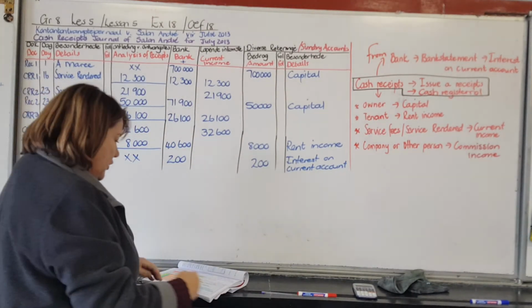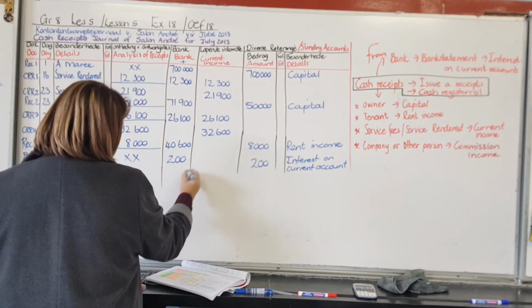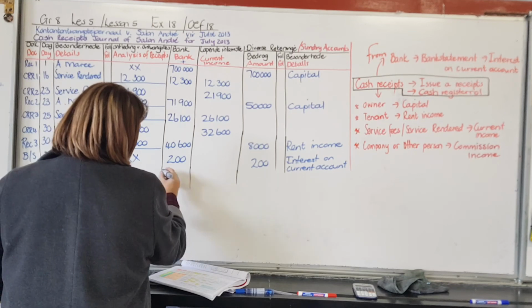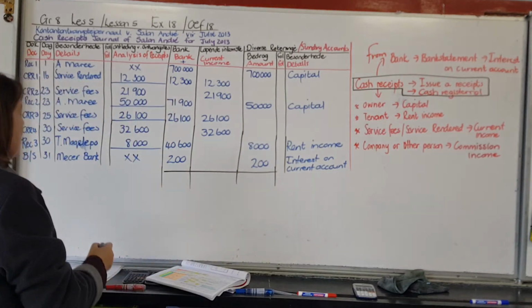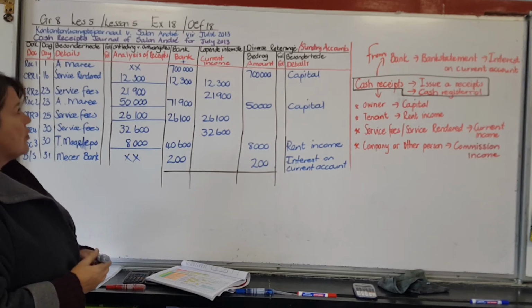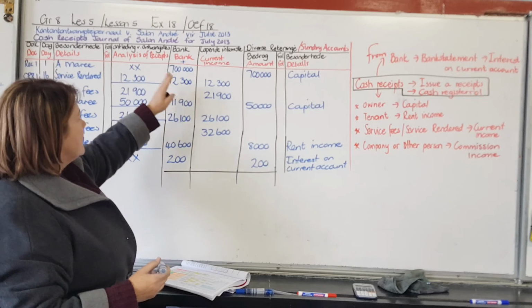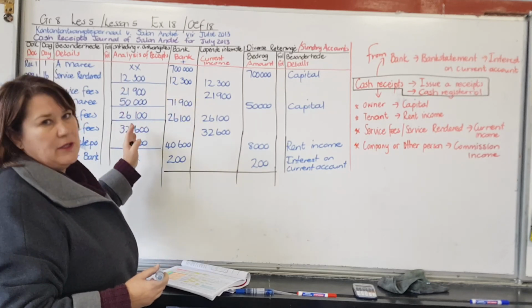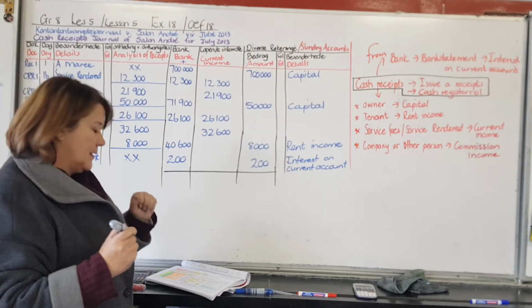So all you have to do at the end of the month, you have to add your columns. But you will never add your analysis column, because that was only to help you with your bank. Can you see these amounts were paid into your bank account? So please do not add your analysis column, right?